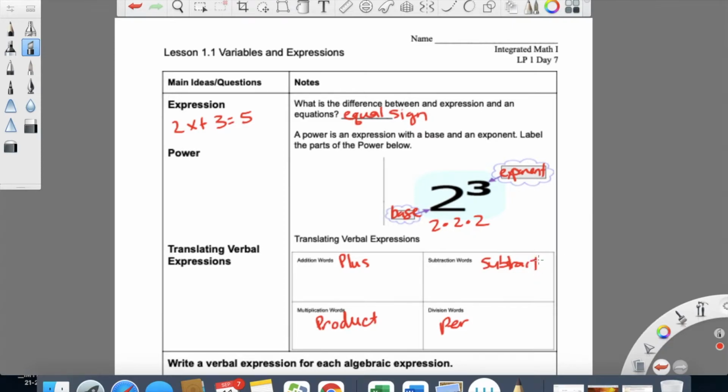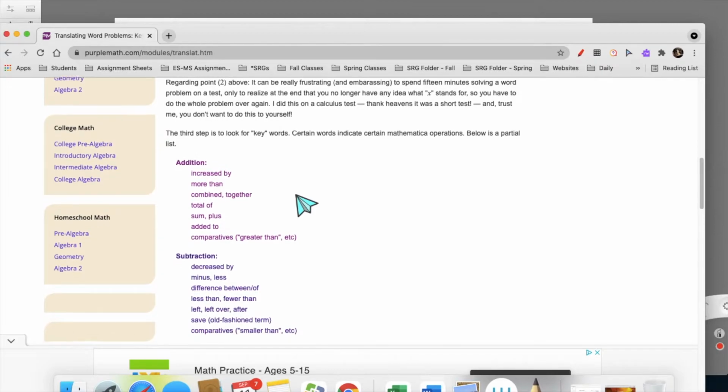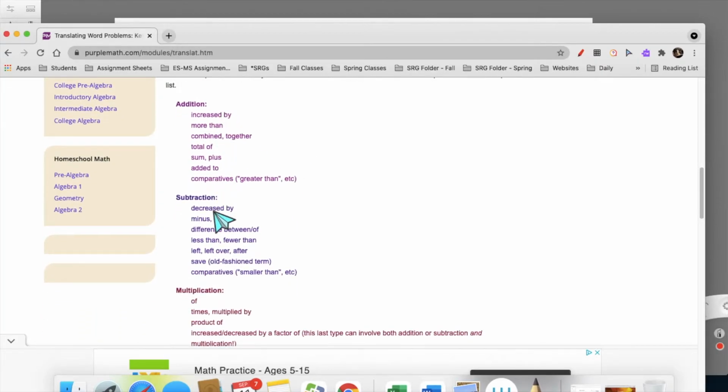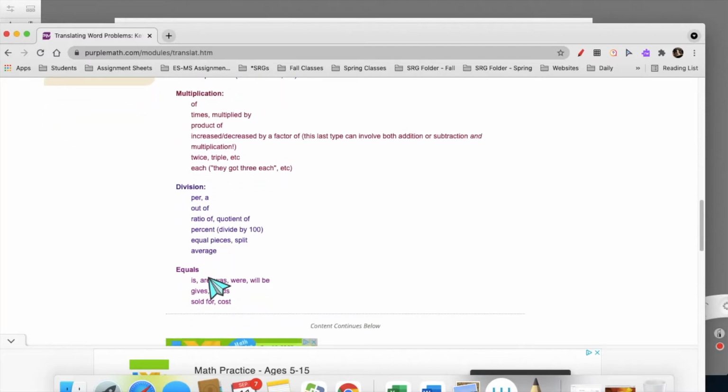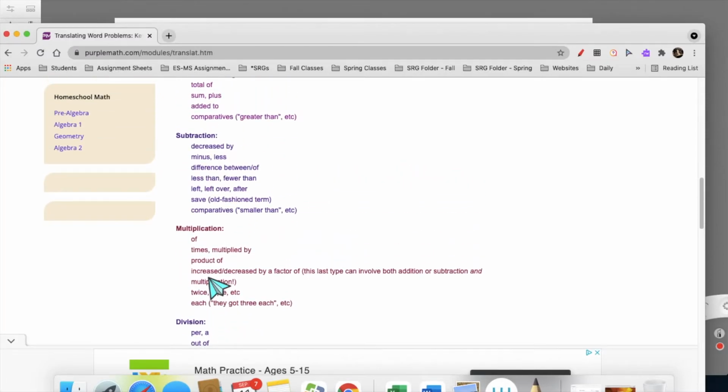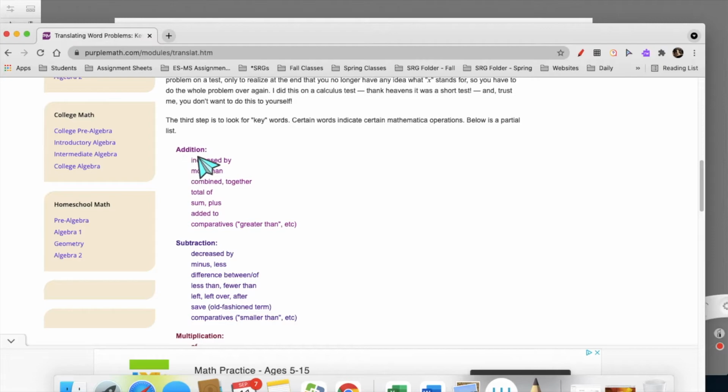There's quite a few that are pretty easy to identify. What I'm going to do, and this will be posted in Google Classroom as well, is share this website. It just lists all of these words that we should know, and they're keywords that help us know what operation they're asking us to do.